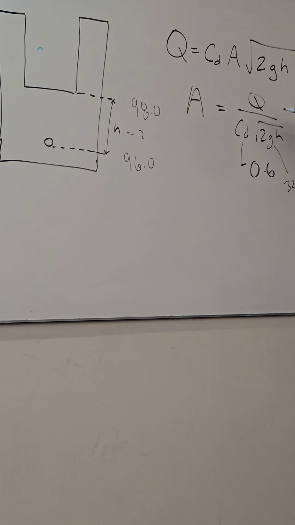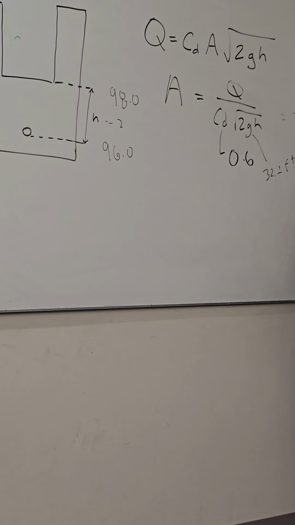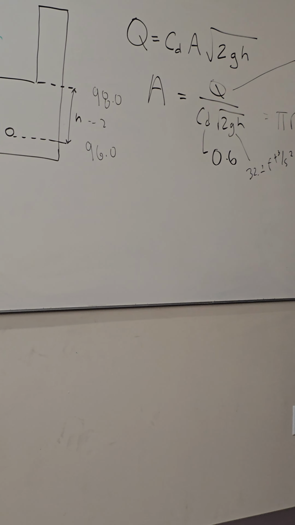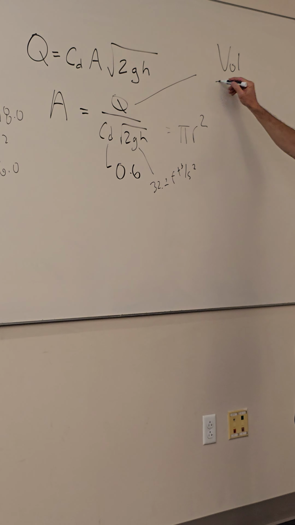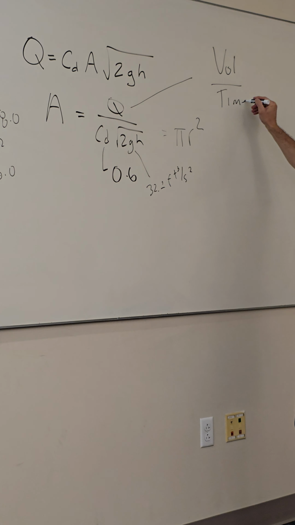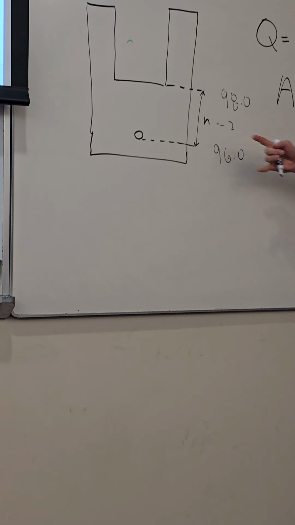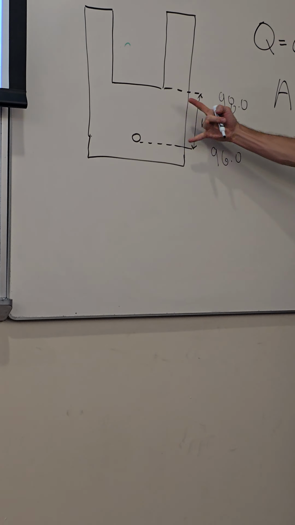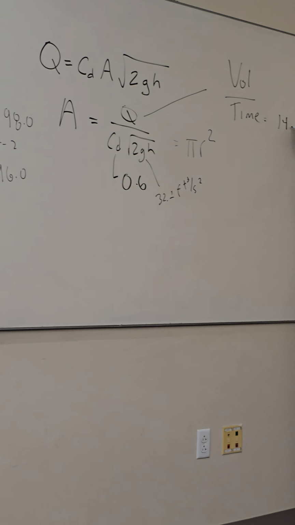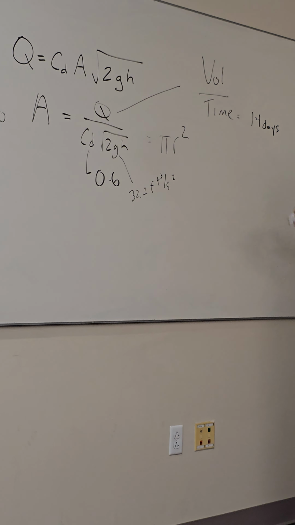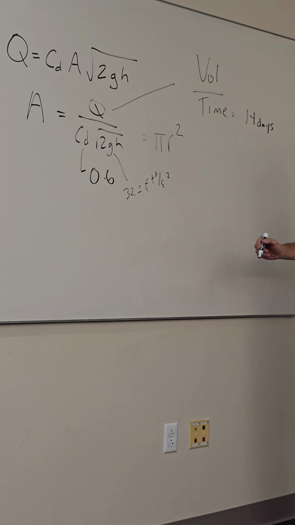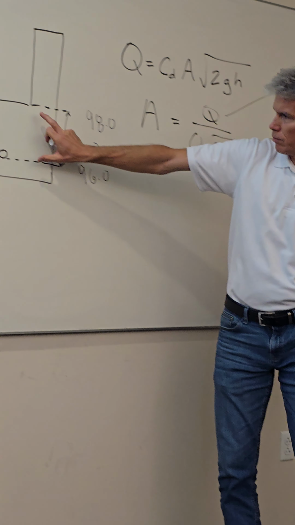So the question is, what is Q? So Q is just volume over time. Okay? So what we want to do is vacate this volume between the weir and the orifice in time. And we want to do that in 14 days. Okay? So do I know this volume?